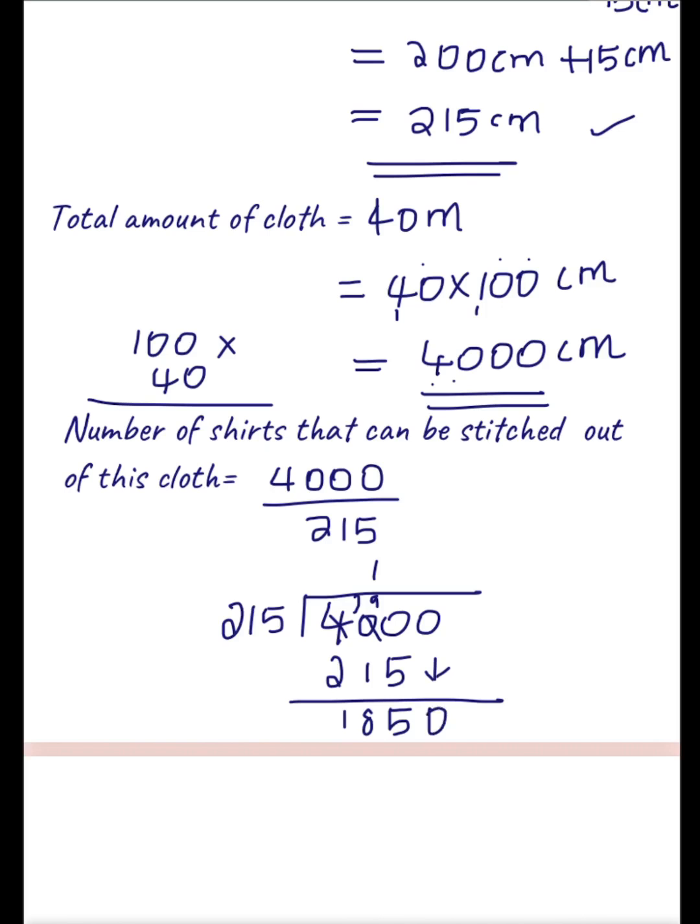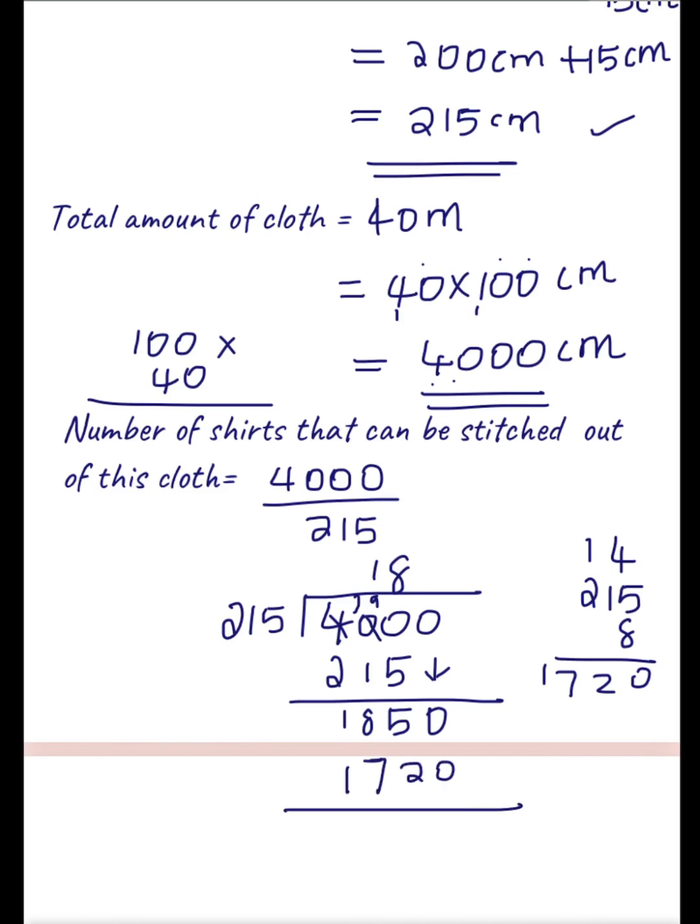Now in this 1850, let's do 215 into 8, 40, carry 4, 12, carry 1, 17. So 1720. Let's subtract 0, 3, 1. So we got the answer in this way.